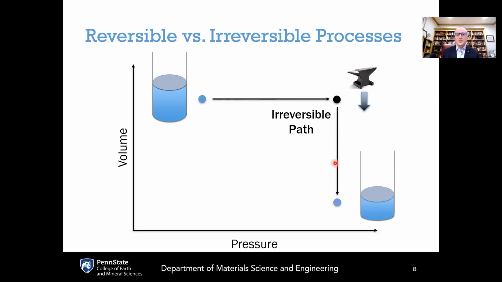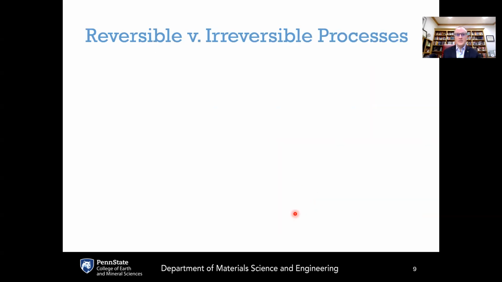There's any number of irreversible paths to connect these two, but only one reversible path. That would be this, where the system is in equilibrium along all of these intermediate states in between the initial and the final state. So one reversible path and any number of irreversible paths.